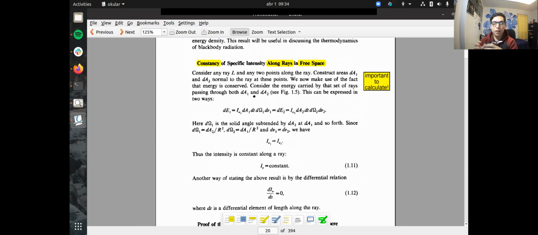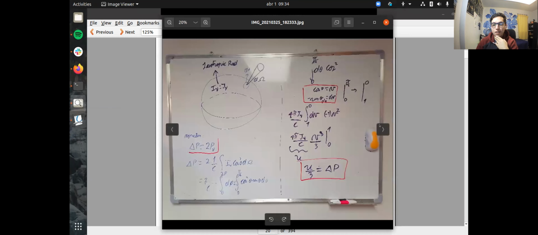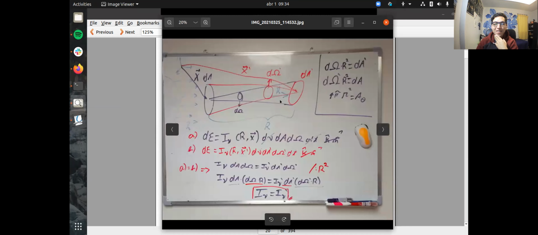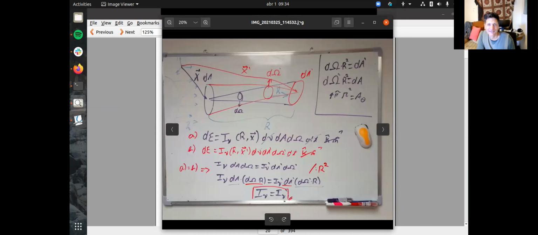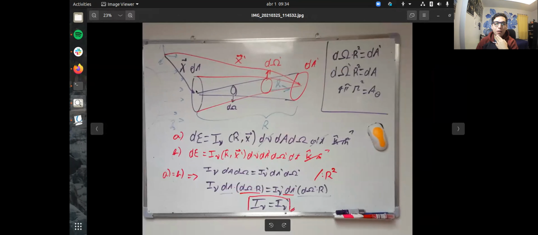So with this in mind, we can consider one ray of light along any 2 points. And we're going to show the other image because I also did this. Buena, excelente. So here, we're going to consider a light source that's somewhere in space, but we're outside.